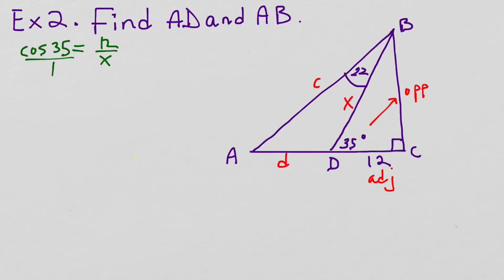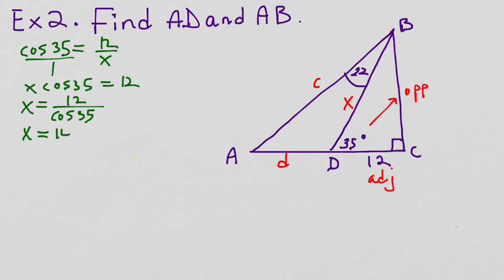That means x cosine 35 equals 12, or x equals 12 divided by the cosine of 35. Typing that into the calculator, I get that x is equal to 14.649.